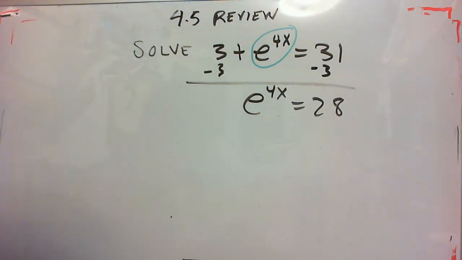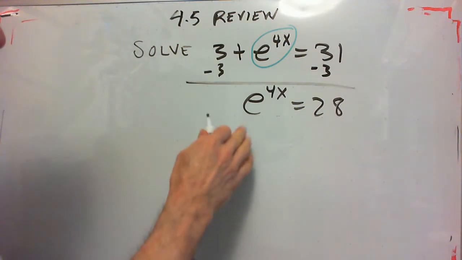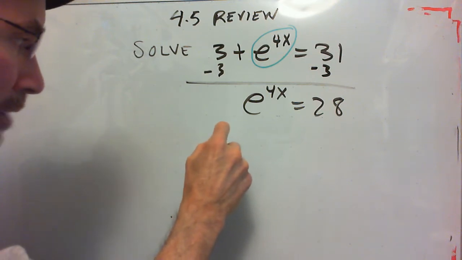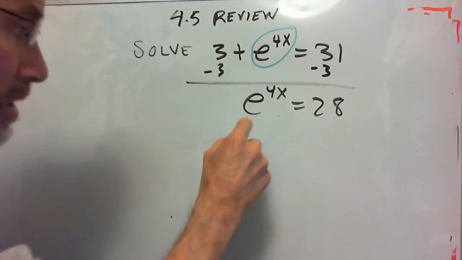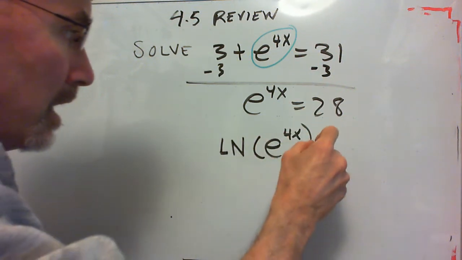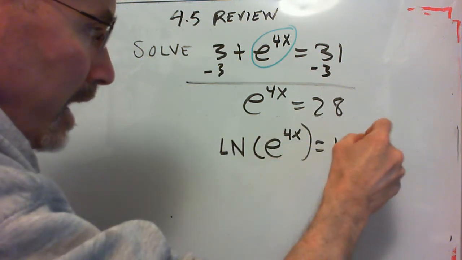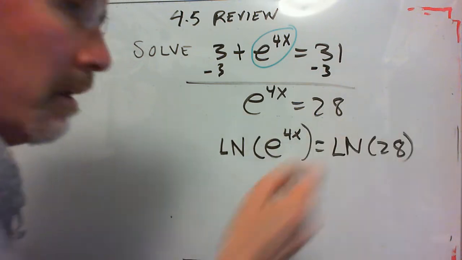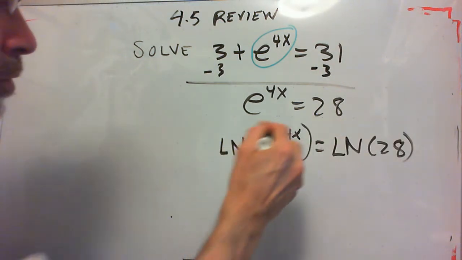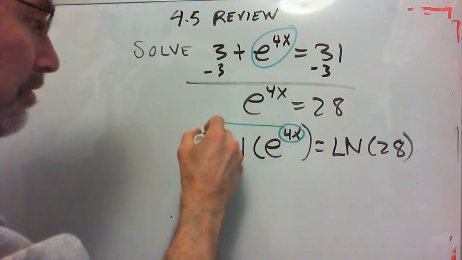Now take logs of both sides, and what you want to do is match the exponential base if you can. In this case we can. We can take the base e log, which is ln of e to the 4x equals ln of 28. Now, we do this because then we can move that exponent out in front.